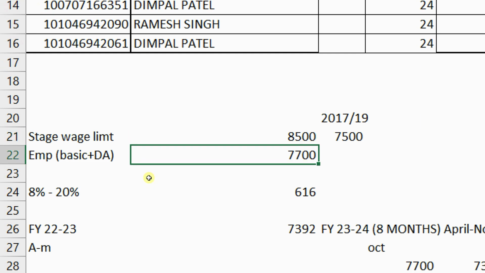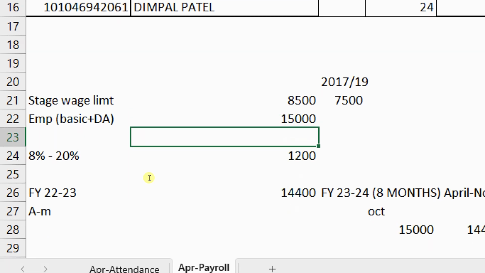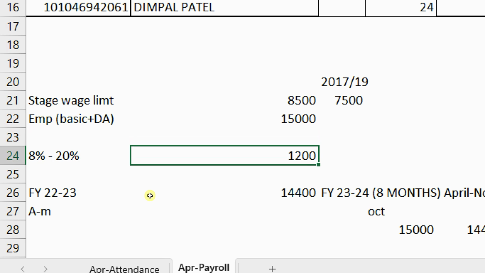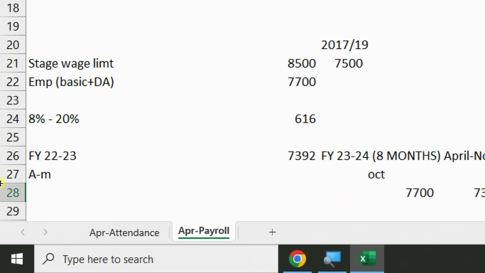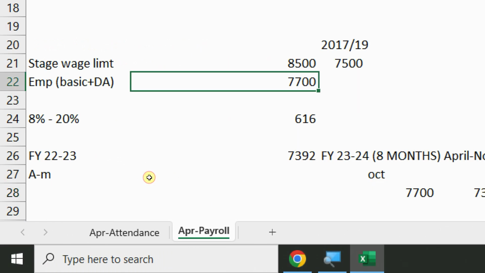Look, there are some employees whose basic is 15,000. Again, I am taking the same Telangana example. For the first employee, how much did we take? 7,700 basic. Now there is one more employee whose basic plus DA is 15,000.